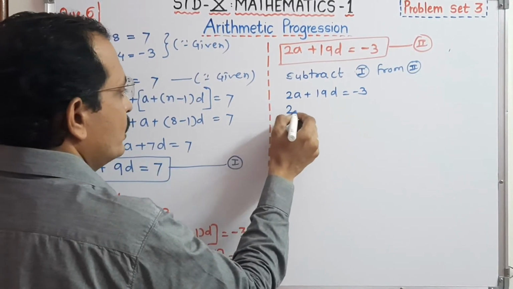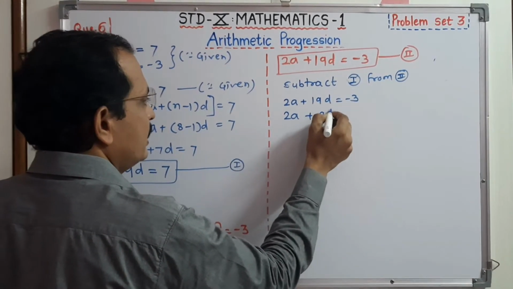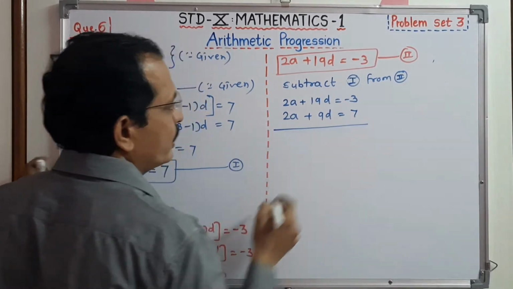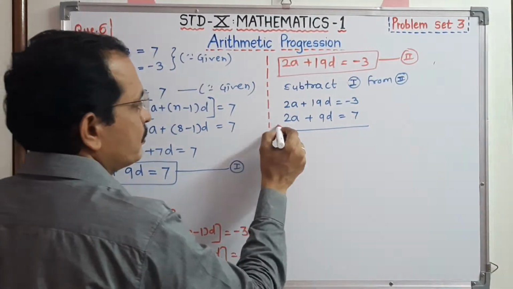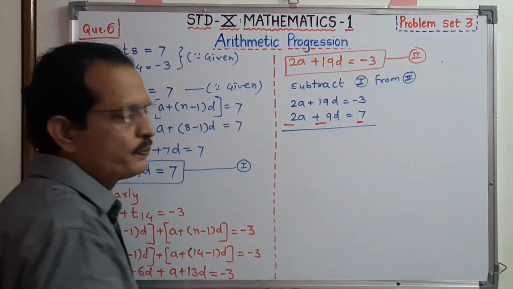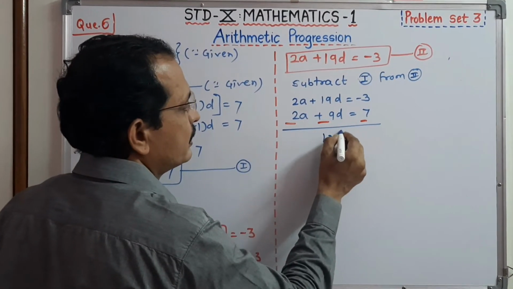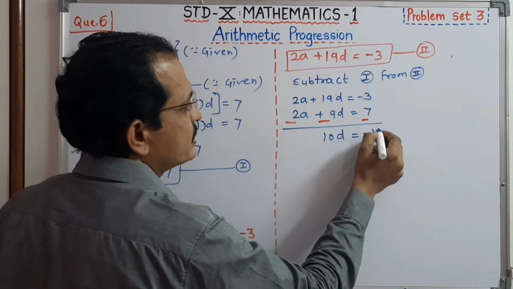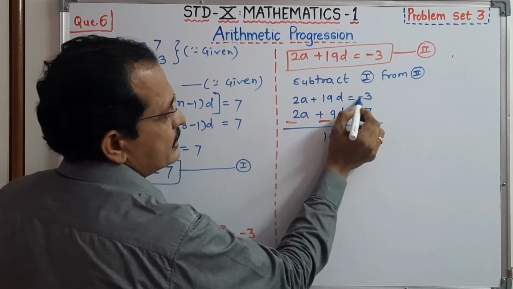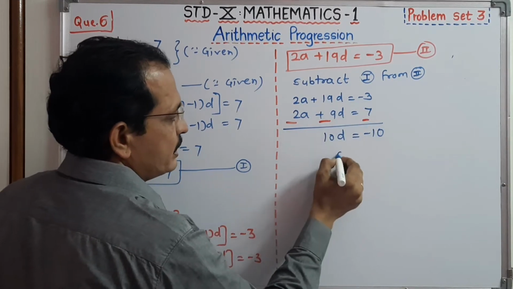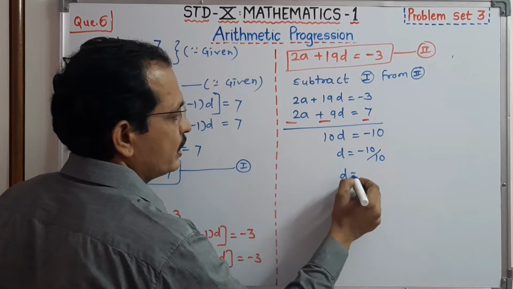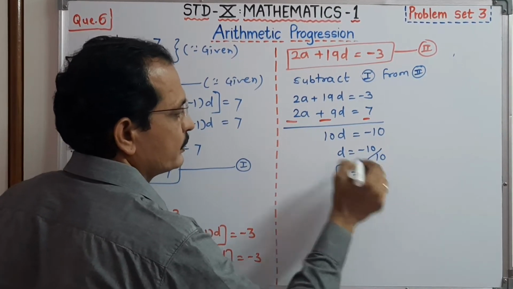Then 2A plus 9D is equal to 7. Now we have to do the subtraction, minus minus minus. Now 2A gets cancelled. It is 10D is equal to minus 3 and minus 7, it is minus 10. Therefore D is equal to minus 10 upon 10. Therefore D is equal to minus 1.